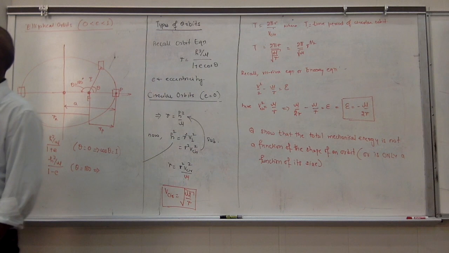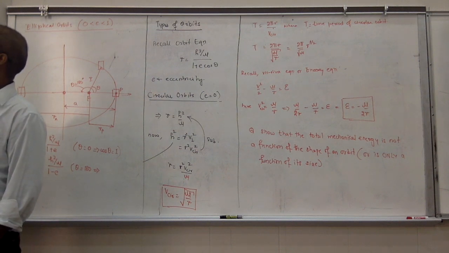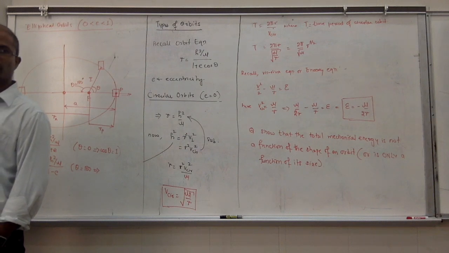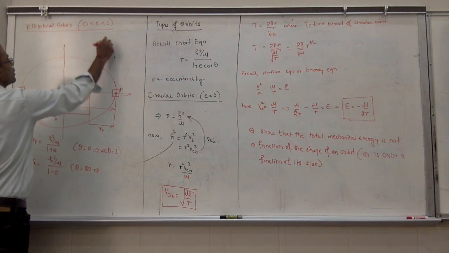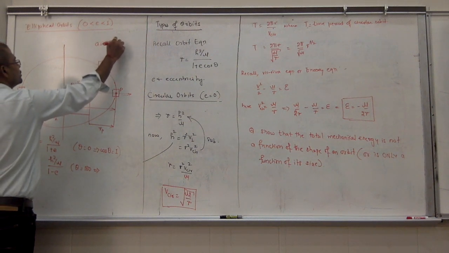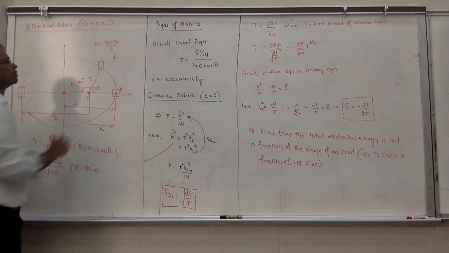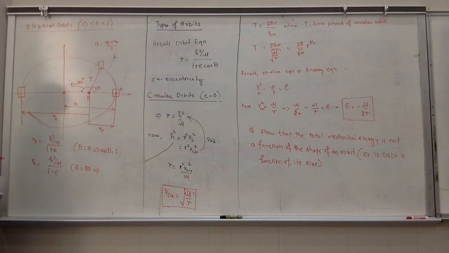What is important is A. A is the distance between center and periapsis, or center and apoapsis. So can you say A is RP plus RA over 2? It will always be there.